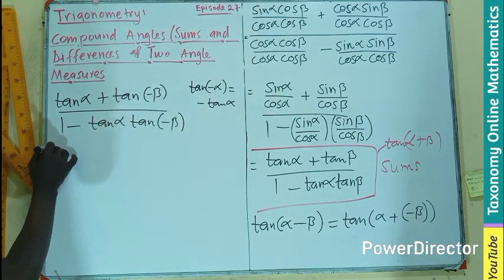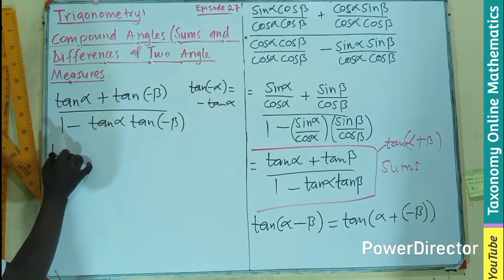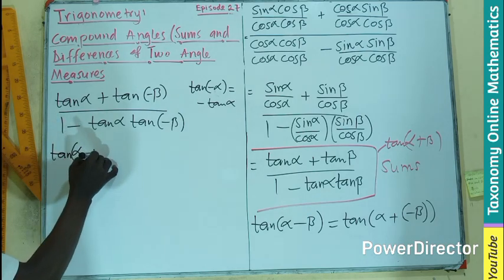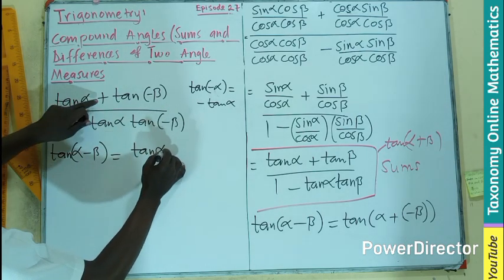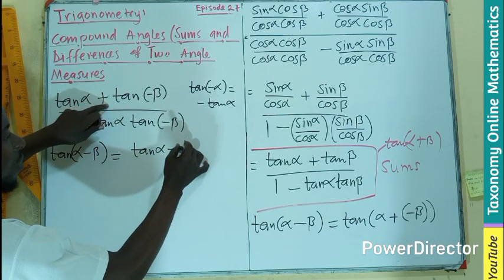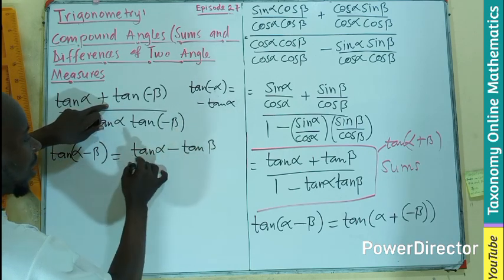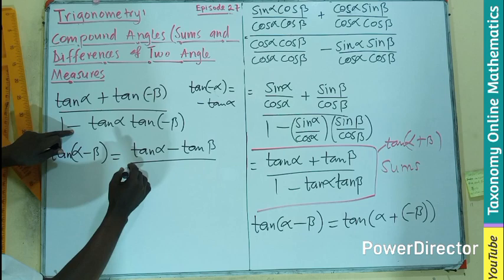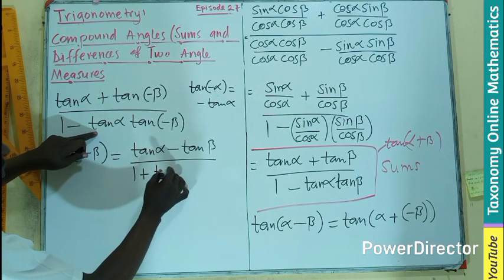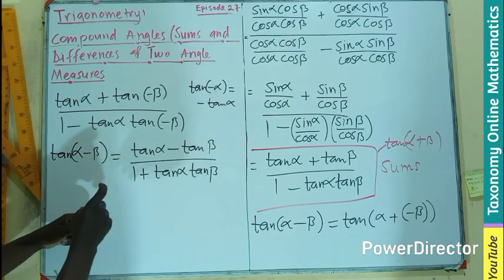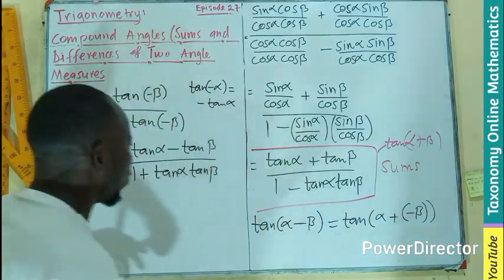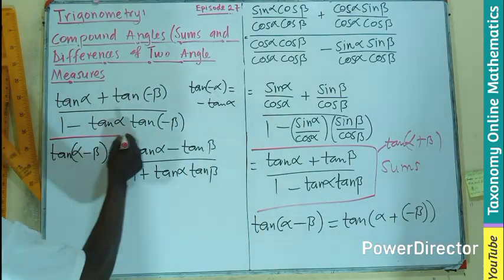So I should be having tan of alpha minus beta equals tan alpha, this becomes negative tan beta, and the negative here becomes 1 plus tan alpha tan beta. And I guess this will also cap for the difference.